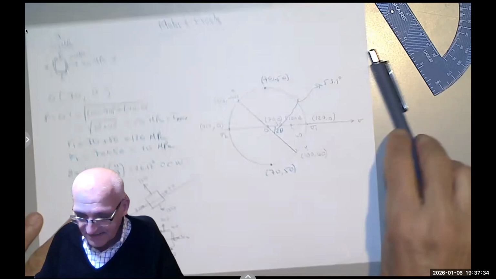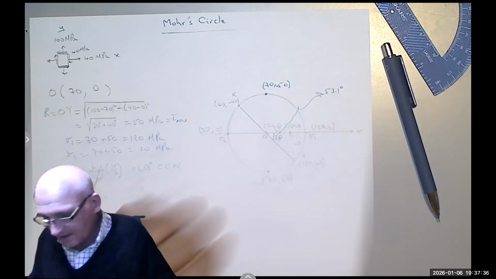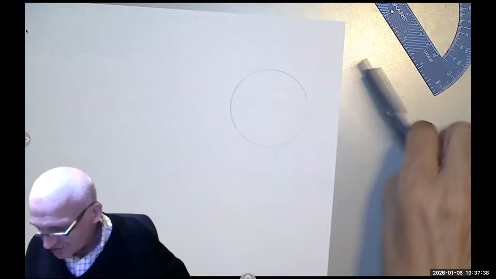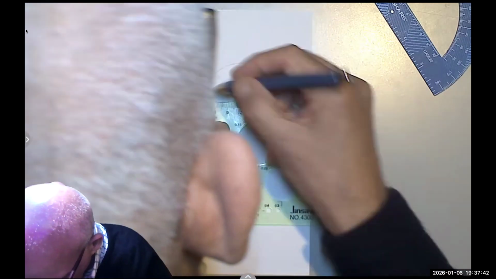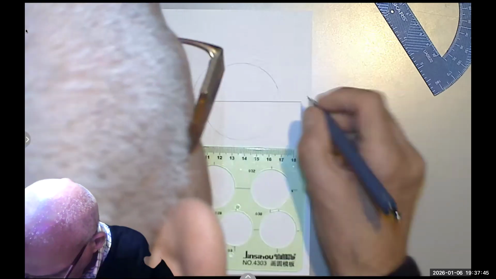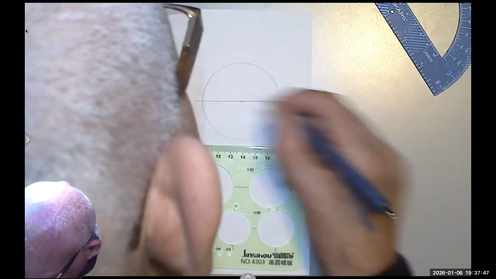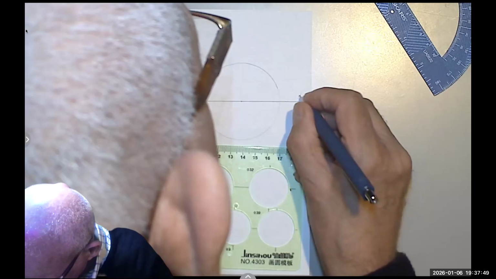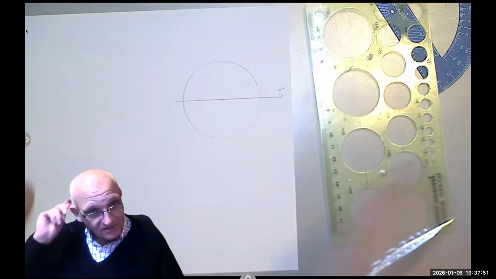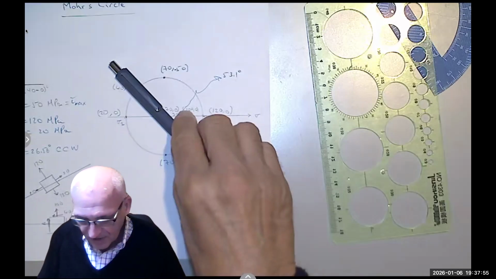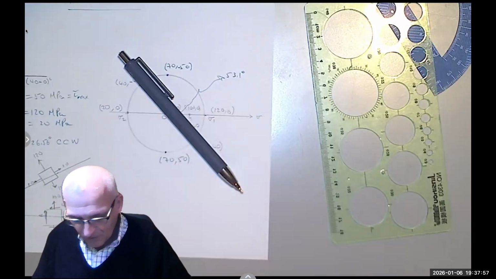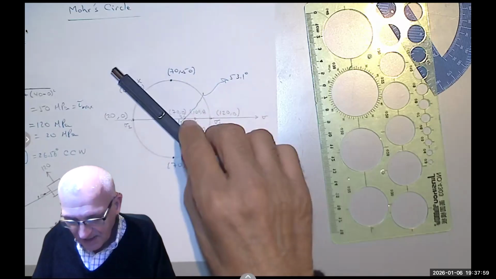Let's take another example where here's another circle. So I'm going to draw, just to get you to know how to do that. And this is the sigma. I want to tell you something. Sometimes in the problem, they tell you, okay, here is the current face or the current element.